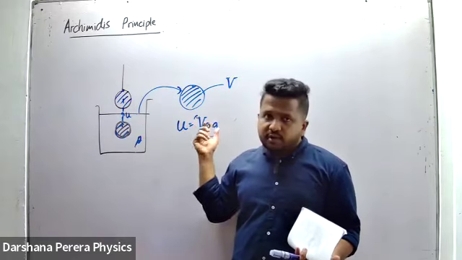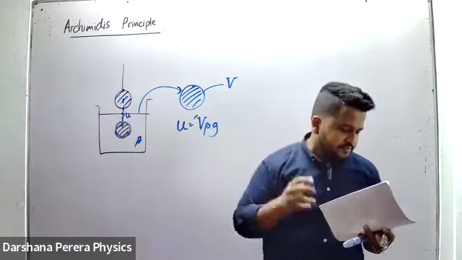Therefore, V rho g equals mg. Right? Okay. Write down.